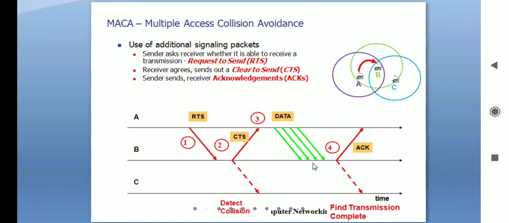Once the data is received by B, B transmits the acknowledgement, and this acknowledgement moves to A as well as C. Once the acknowledgement is stopped, this indicates B is free and the medium is free, so C can now communicate to B. This is the way the hidden terminal problem is handled.